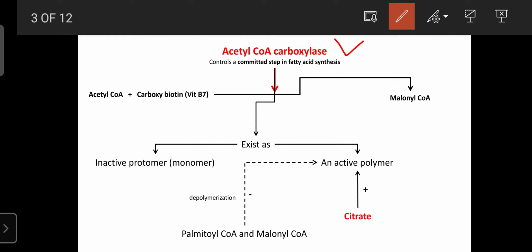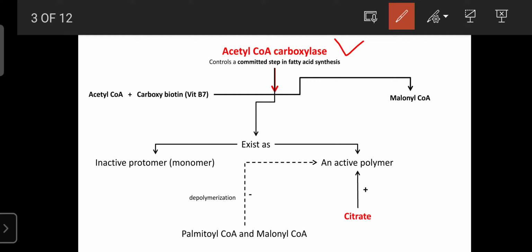Already you learned during the biosynthesis of fatty acid that the cycle runs a minimum of 6 times, 6 cycles. Then only a fatty acid like palmitic acid is synthesized. That palmitic acid is synthesized by the addition of a 2 carbon unit in each cycle, and liberation of carbon dioxide.